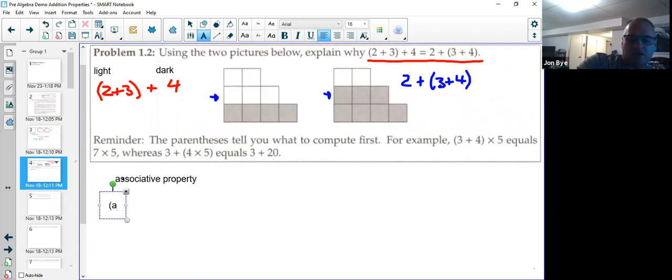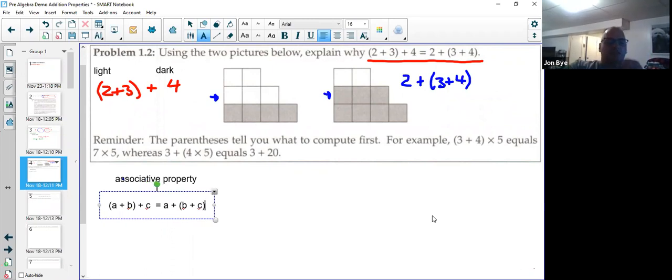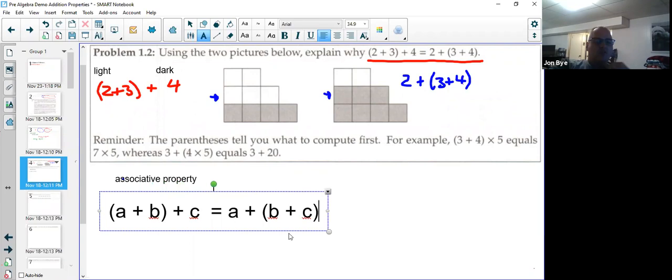So I can do A plus B, plus C. That's the associative property of addition. So you can group them, regroup them. You can have A plus B, then plus C, or A plus B plus C.